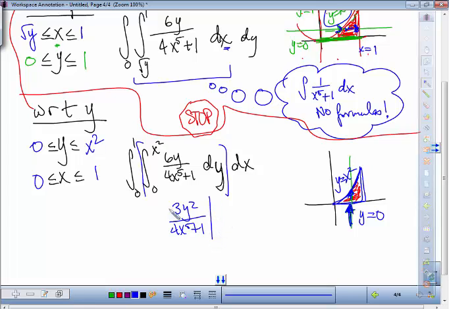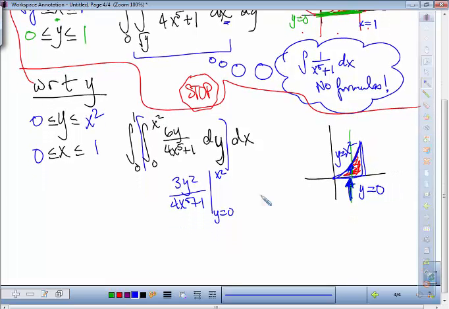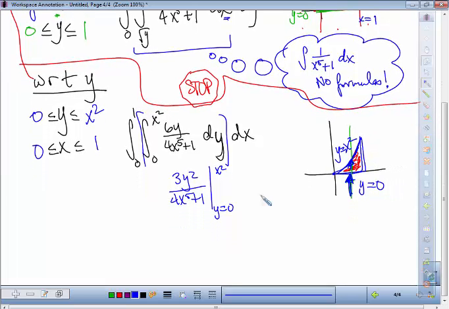We integrated this with respect to y, and so we need to put the limits from 0 to x squared in there. So let's put in the limits. I think if I put 0 in, this whole thing's going to disappear. So if I put x squared in, I'm going to get 3x to the 4th over 4x to the 5th plus 1.